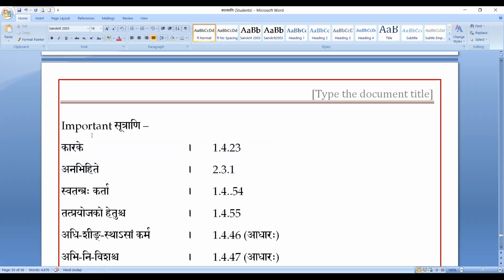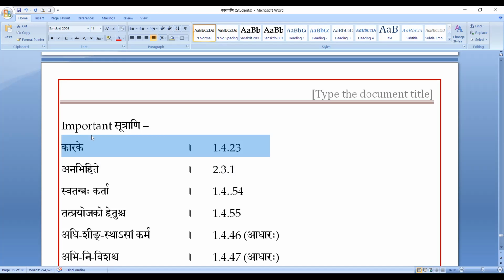Karaka is a Sanya, assigned to a word. Assigning the Karaka Sanya, the 6 types of Karaka, to a word is dealt with in section 1423, that is first chapter, 4th Pada.